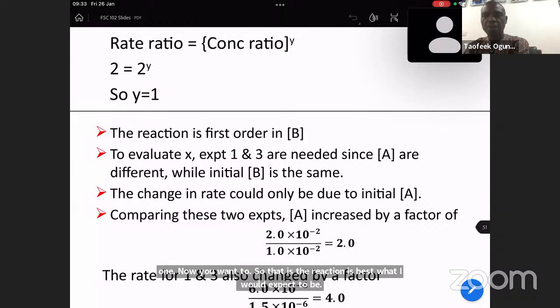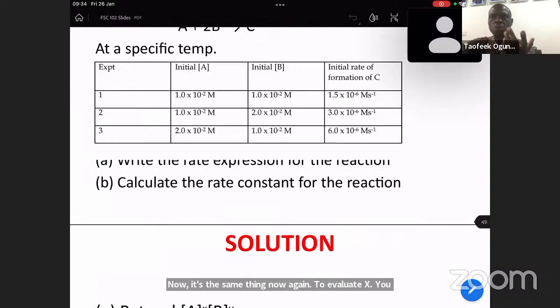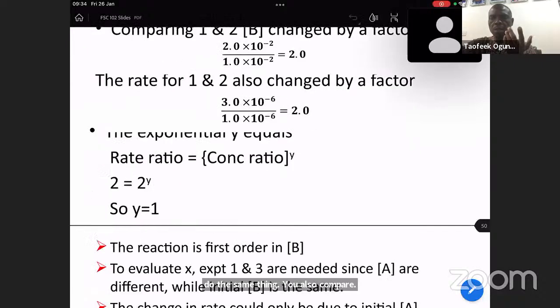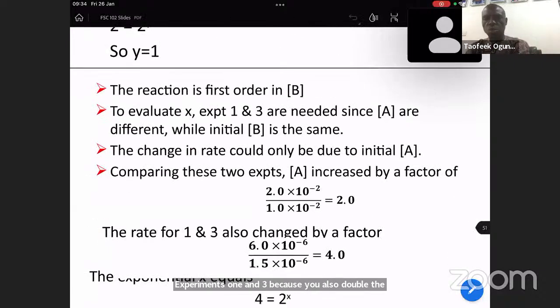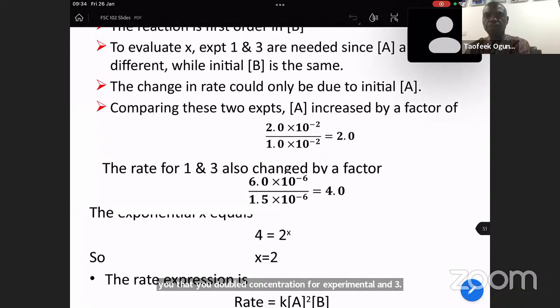Now, it's the same thing again. To evaluate X, you do the same thing. You compare experiment 1 and 3, because you also doubled the concentration for experiment 1 and 3. And what happened to the rate of reaction? The rate of reaction quadrupled for experiment 1 and 3.